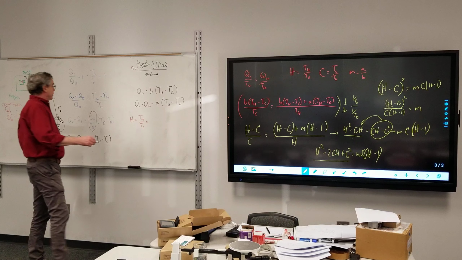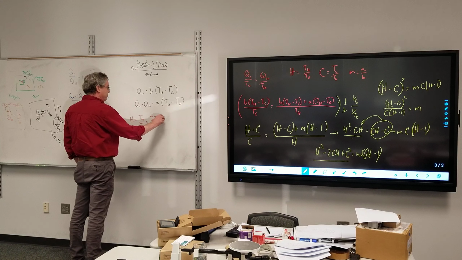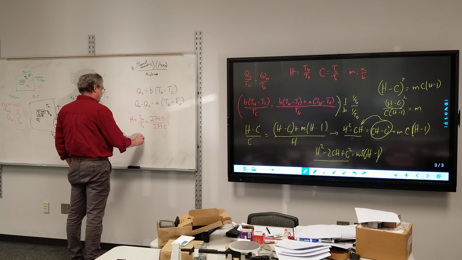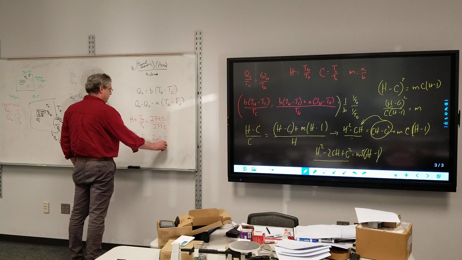Math people still have yet to figure that one out. So this is 274.15 over 273.15. C is going to be TC over T sub 0, which is 260.15 divided by 273.15.